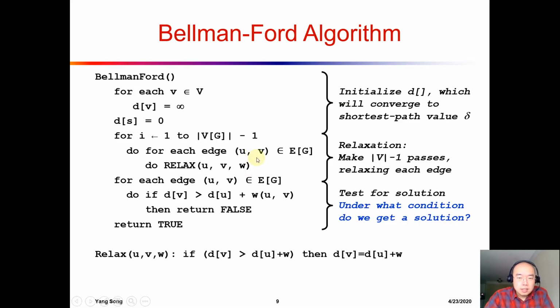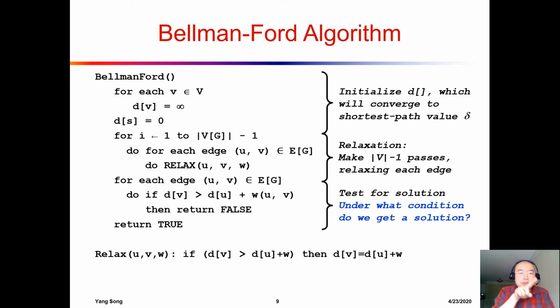And the last part is that we are going to test our solution. Why are we testing our solution? Well, it is always possible to lower the cost if there is a negative weight cycle. Remember, after finishing the second loop, we want to do a further test.